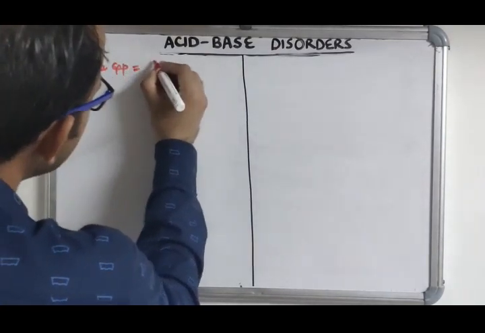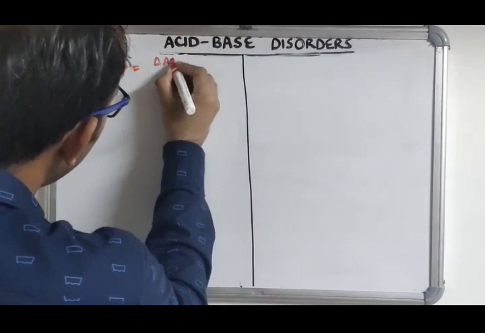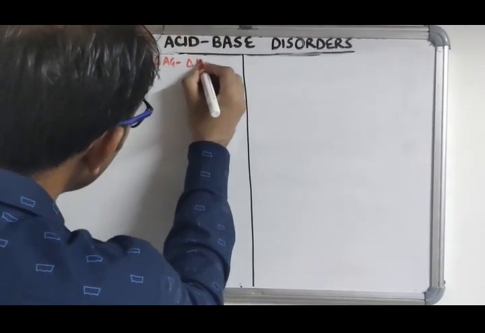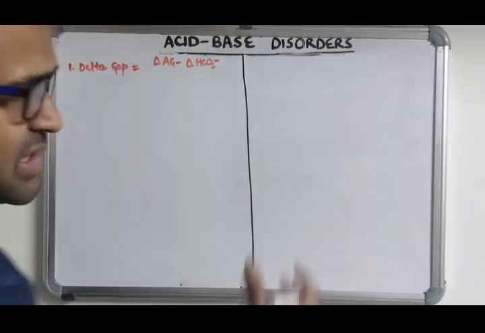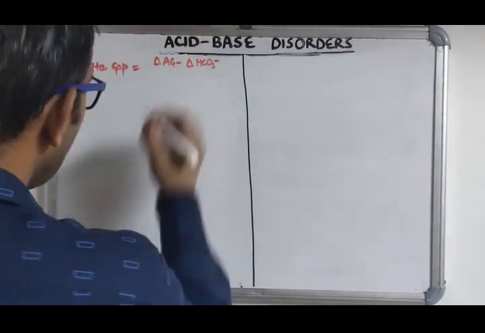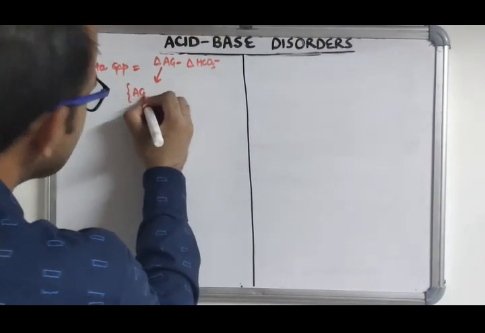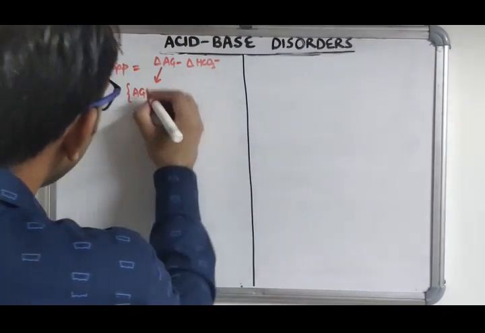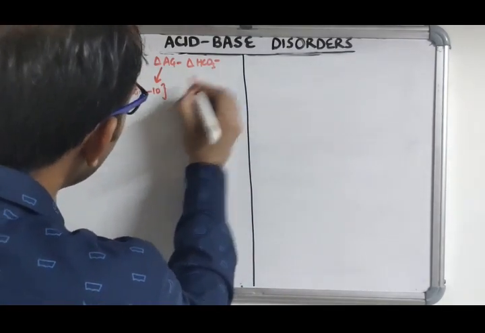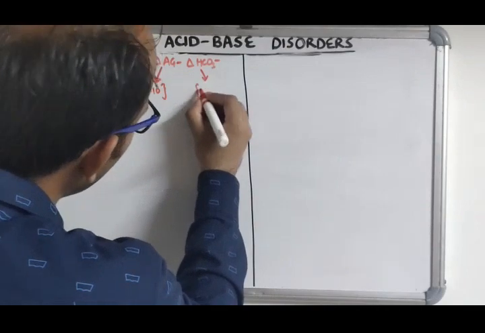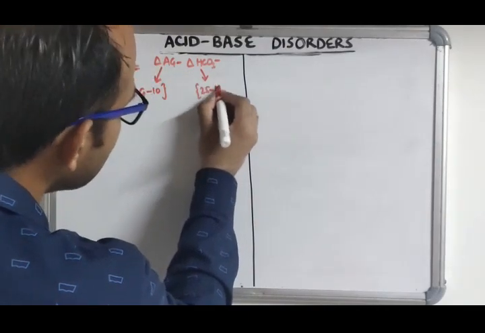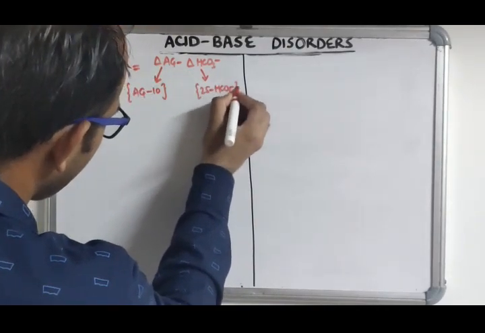So delta gap is delta anion gap minus delta bicarbonate. Delta means change. Okay, so delta anion gap is the actual patient's anion gap minus 10, and delta bicarbonate is 25 minus the actual plasma bicarbonate.